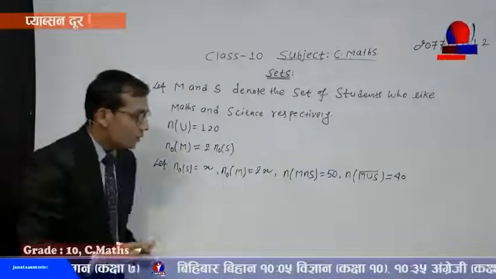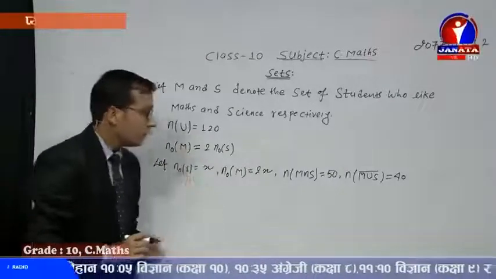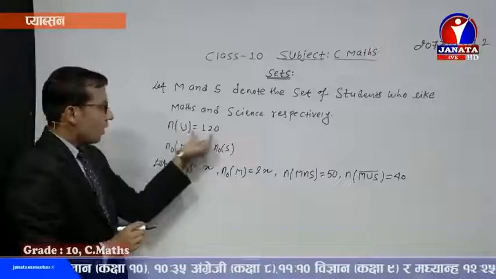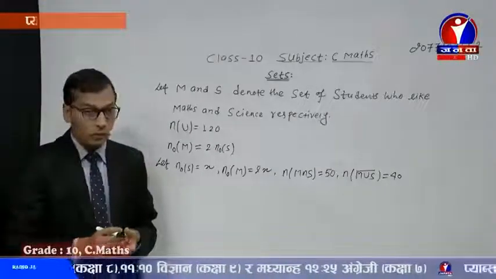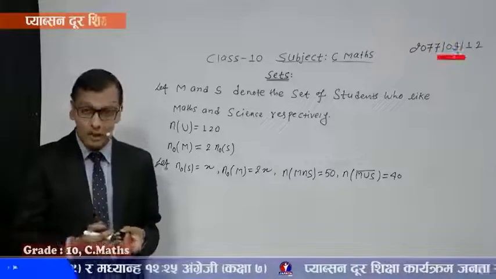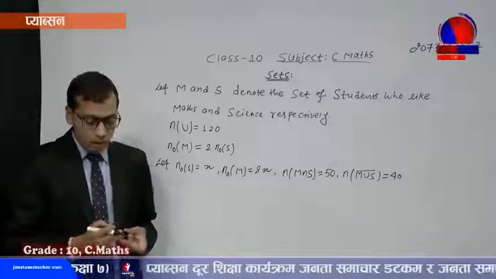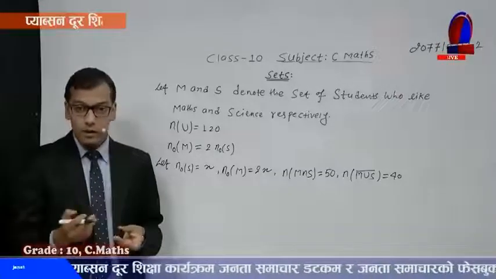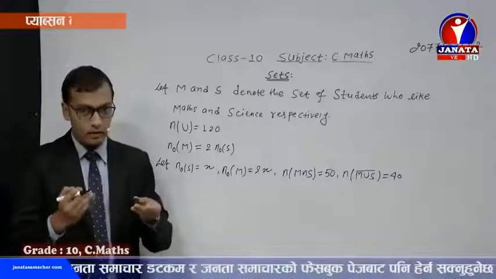So all this information is known. Let me repeat it again. Out of 120 students appeared in an examination, the number of students who passed in mathematics only is twice the number of students who passed in science only. If 50 students passed in both subjects and 40 students failed, there are sub-questions.